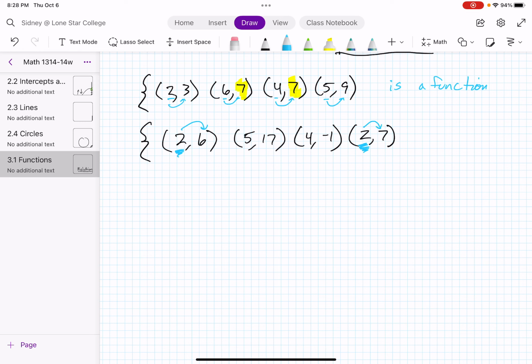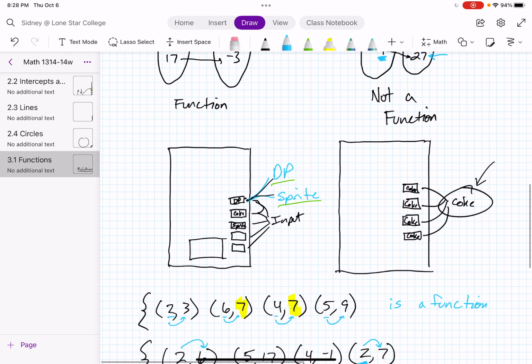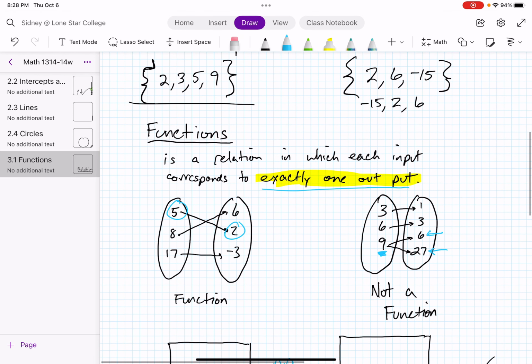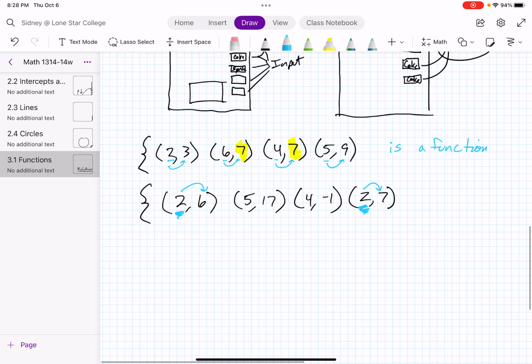That x value, that input value 2, has 2 different outputs. And we said that a function is a relation in which each input corresponds to exactly one output. The specific input of 2 corresponds to 2 different outputs. This is not a function.